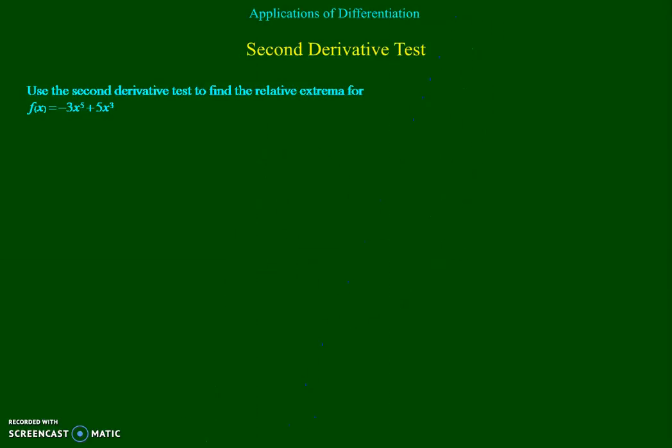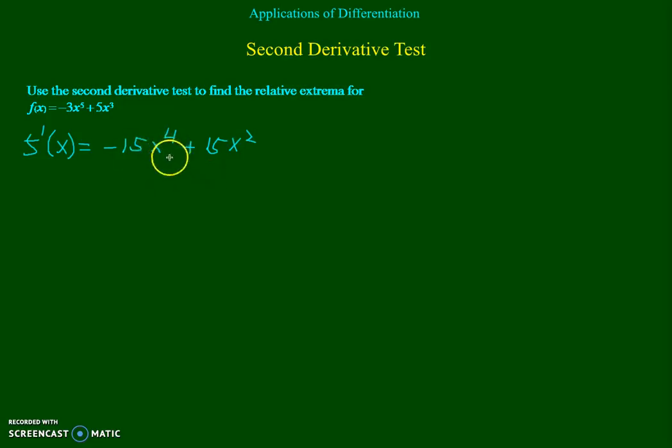So here we're going to use the second derivative test to find the relative extrema for this function. We're going to take the first derivative, so f prime of x is negative 15x to the fourth plus 15x squared.